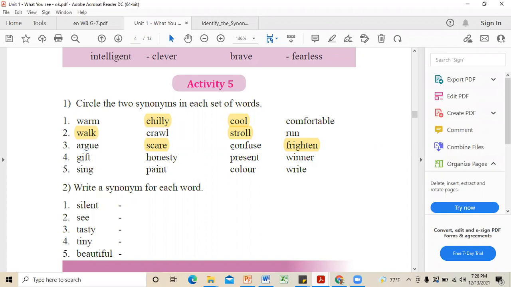And confuse means I'm not quite sure what is going on, right? Let's say I'm supposed to go to a meeting at 7 o'clock, but I go to the meeting about 5 minutes later.